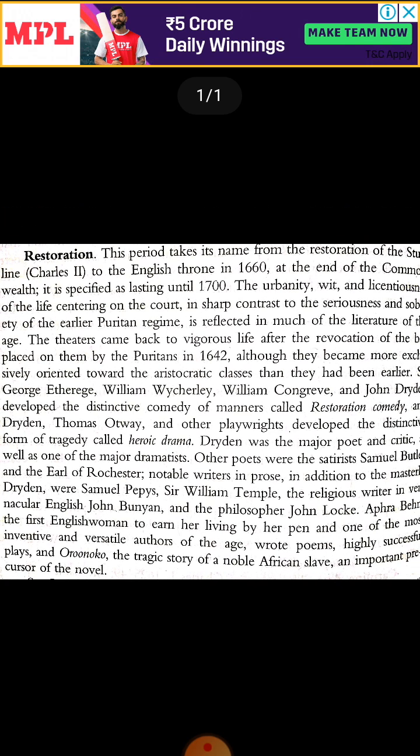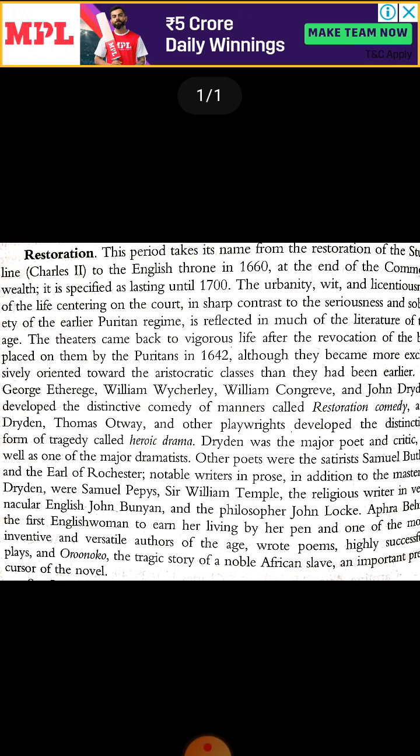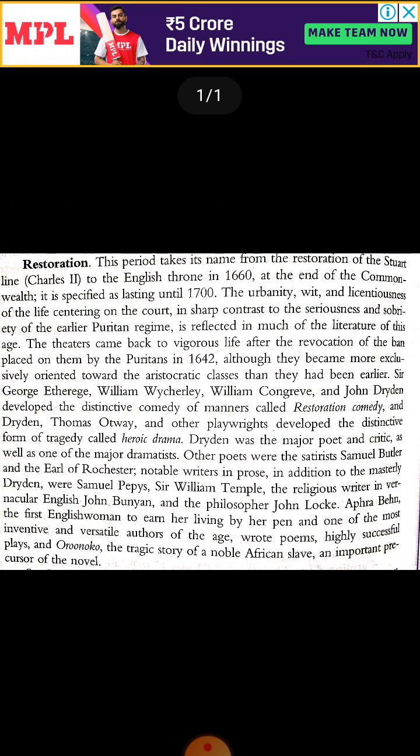The theatres came back to vigorous life after the revocation of the ban placed on them by the Puritans in 1642.